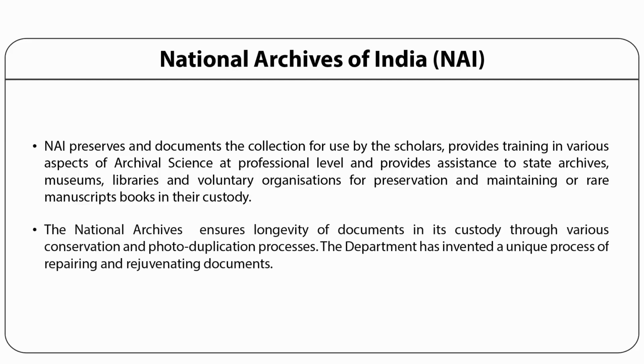The National Archives ensures longevity of documents in its custody through various conservation and photo duplication processes. The document department has invented a unique process of repairing and regenerating documents.